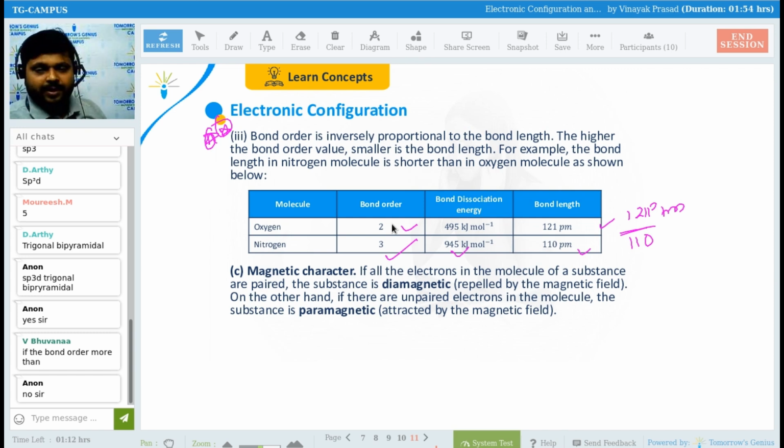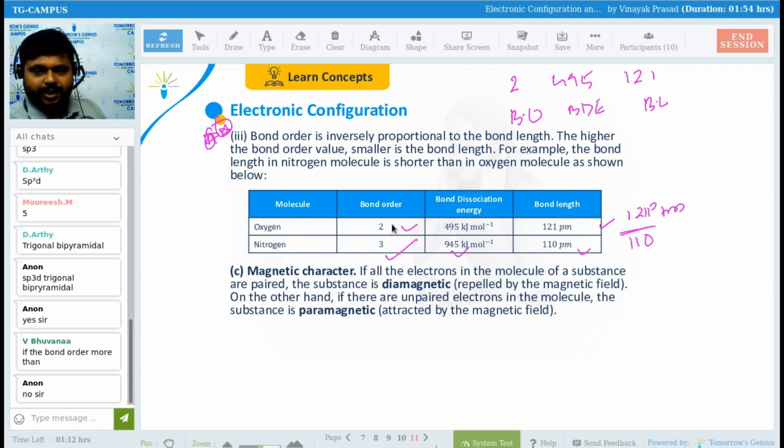Getting my point, everyone? So how are they interlinked? Bond order 2, right? Bond dissociation energy 495, right? And bond length 121. So how are they associated? Bond order, bond energy, or you can say bond dissociation energy, BDE, and bond length, BL.